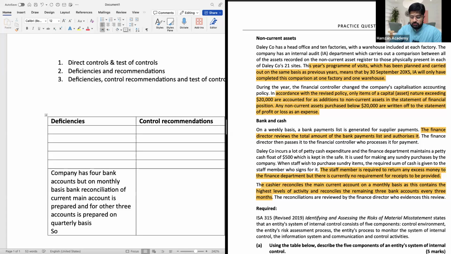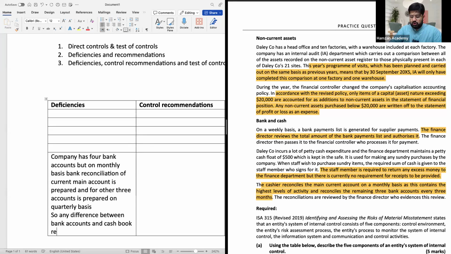So any error or differences between bank accounts and cash book record will not be identified and fixed timely.